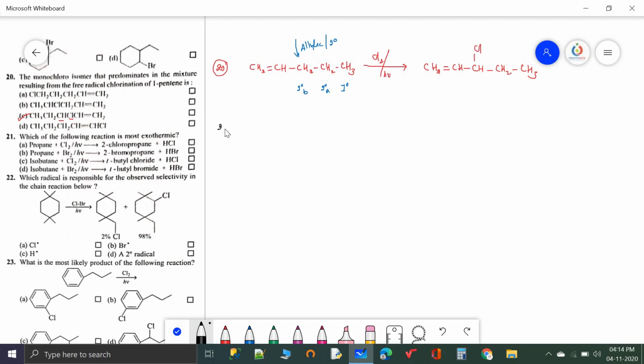Let's try to solve question number 21. Which of the following reactions is most exothermic in nature?